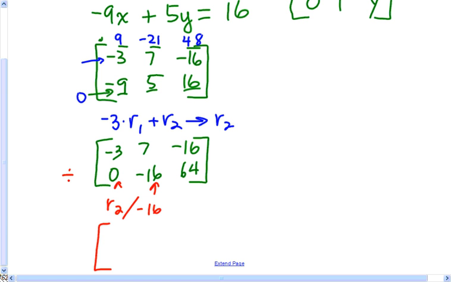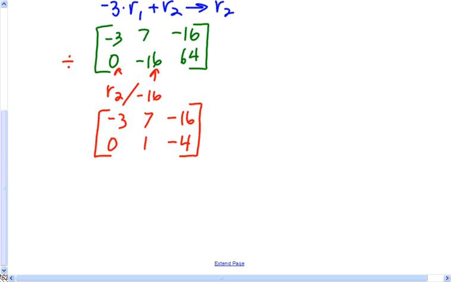When I do that, I get a new matrix. The top row I haven't changed yet, but row 2 will now be 0, negative 16 divided by negative 16 is 1, and 64 divided by negative 16 is negative 4. So I now know my solution for y is negative 4.